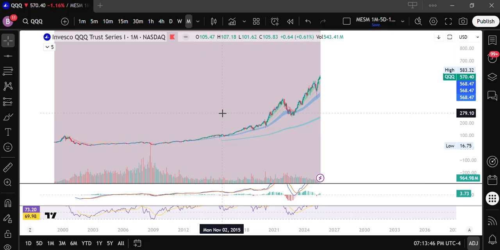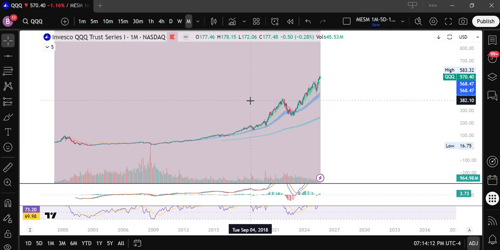When I'm on the monthly, weekly, daily, I am analyzing that stock or asset with the thought that my projections are more likely going to happen over months, weeks, days.